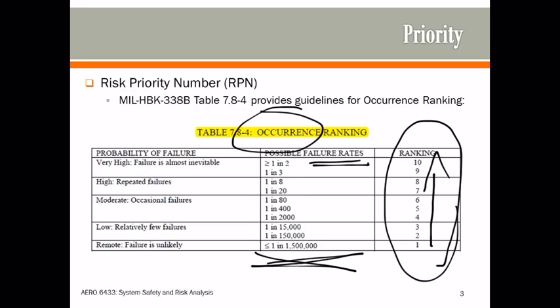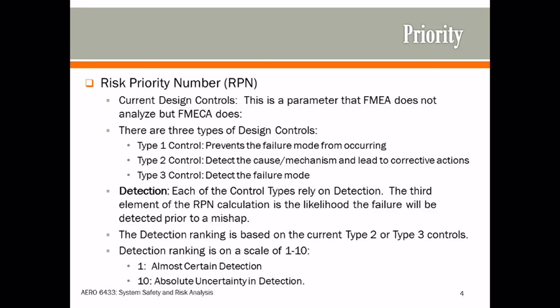Now, those are two of the three elements of the RPN calculation. Before we get into the third element, the detection ranking, we need to talk just a moment about design controls. There are 3 types of controls: type 1, 2, and 3. Type 1 control is a control that prevents the failure mode from occurring. So these are the controls that are already established in the system.